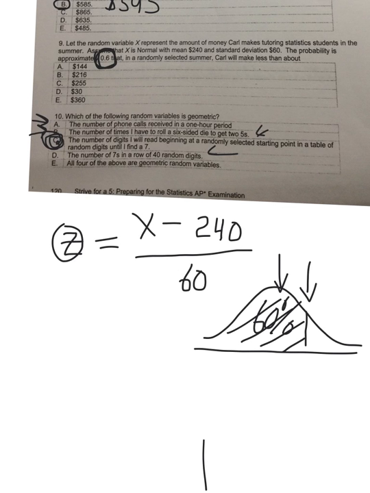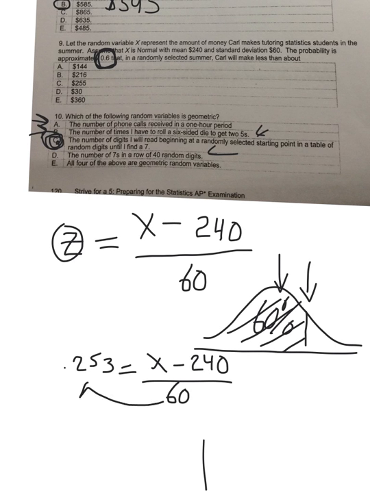So 0.253 is equal to x minus 240 over 60. Okay. Let's see. Solve for x. Multiply by 60 and then add 240. So there you go. Let's see what that is. So when you solve for x, which you should be able to do, right?